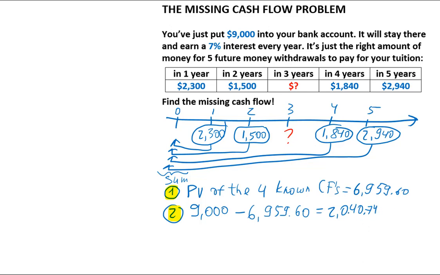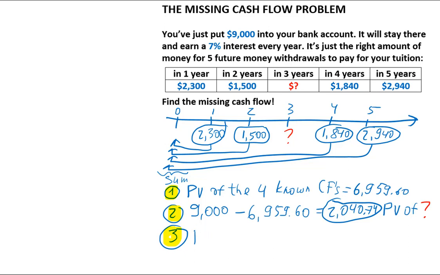What does it mean? It's the present value of the missing cash flow, of the question mark on our timeline, right? This is not our answer yet. It's the present value in today's dollars. It's right here, under year 0 on the timeline, which means we need one more step to finish this problem.